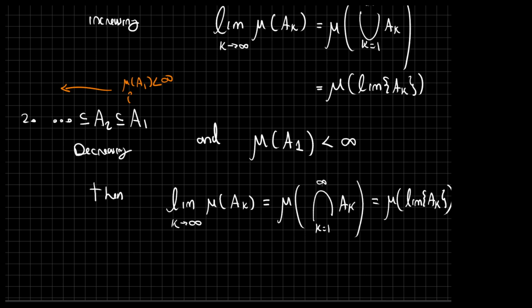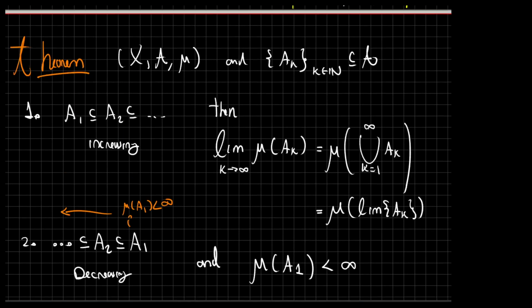So first, some comments. We proved in the first lecture that when you have an increasing sequence, the limit of this sequence is equal to the union. So these limits exist because the limit of the supremum is equal to the limit of the infimum, and they both are equal to this thing here.